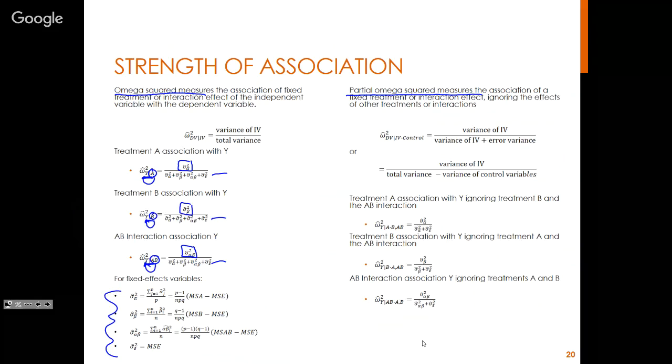So we can control for that whenever we really want to know the isolated effect of treatment A. So here we have the effect of A on the dependent variable when we control for B and AB. And how do we see that in our equation over there? The dot. So these are excluded from the denominator, right?